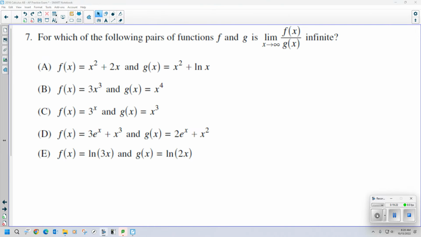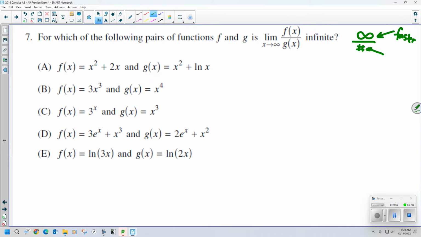Number 7. For which of the following pairs of functions, f and g, is the limit as x approaches infinity of f of x over g of x infinite? Okay, in order for something to be infinite, we want infinity over some number, or infinity over something else that's infinite, but we want the top to grow faster than the bottom.